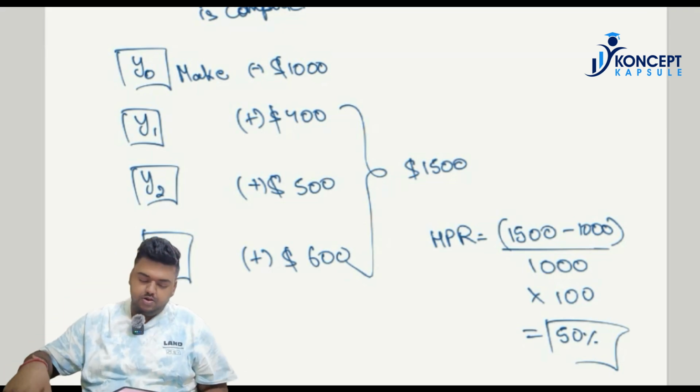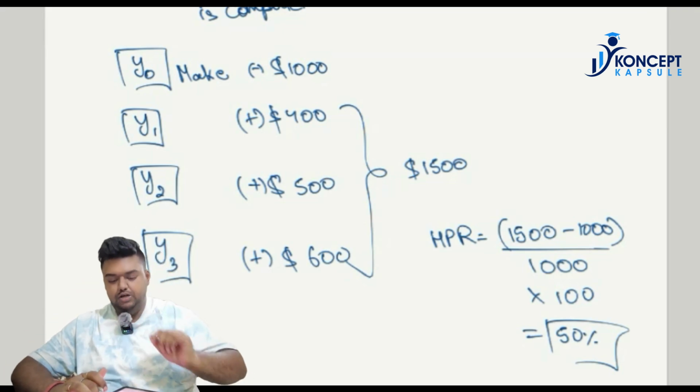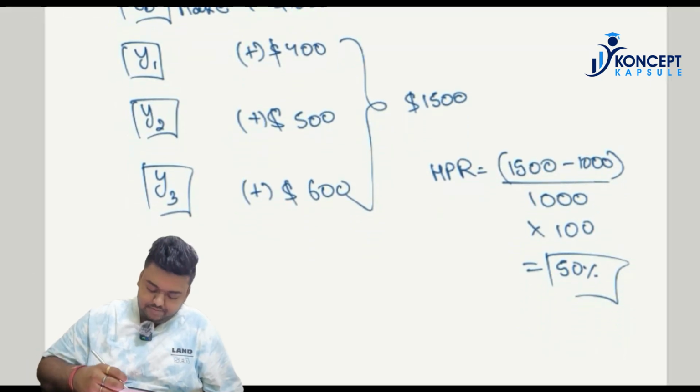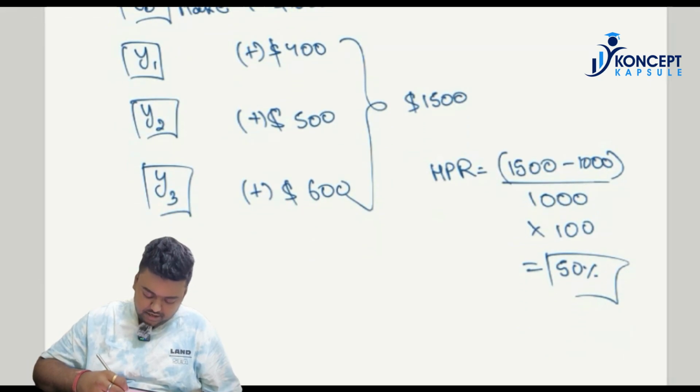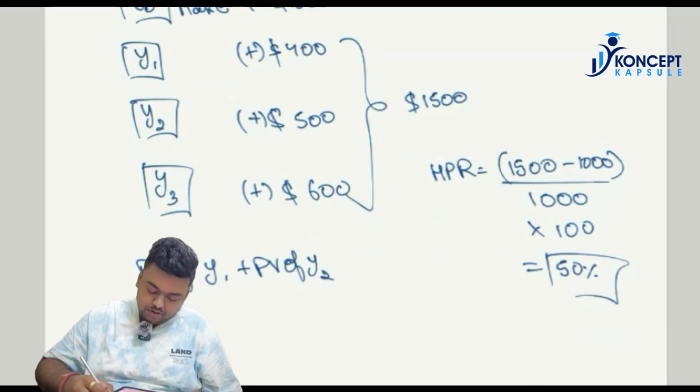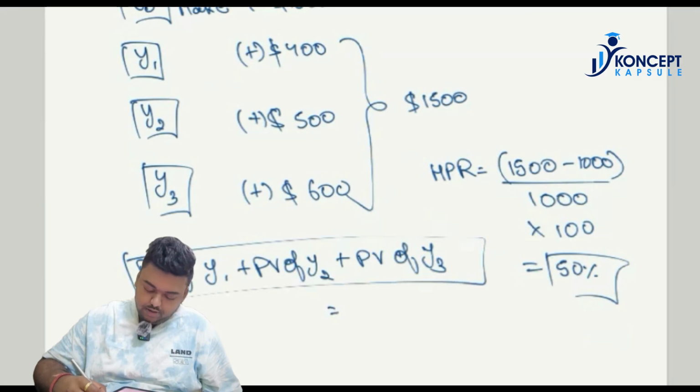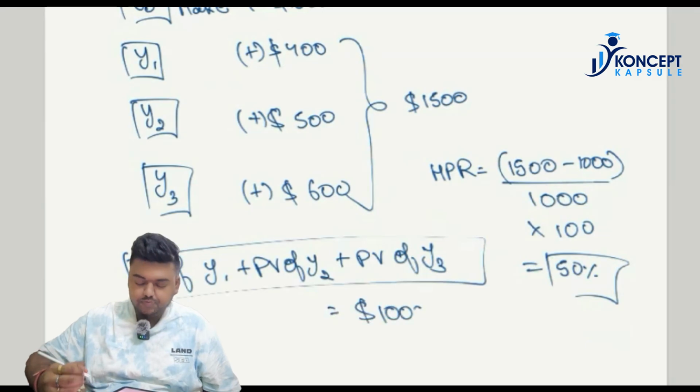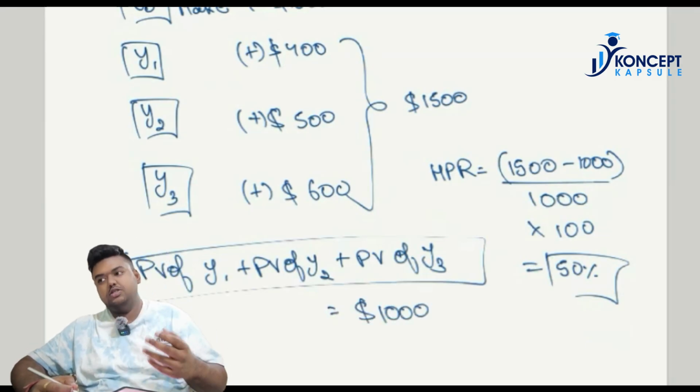Yes. But what IRR will do is that it will say that if I have to compute the present value of year 1 cash flow plus the present value of year 2 cash flow plus the present value of year 3 cash flow, this should be equal to my $1,000. Now, what is this concept of present value?